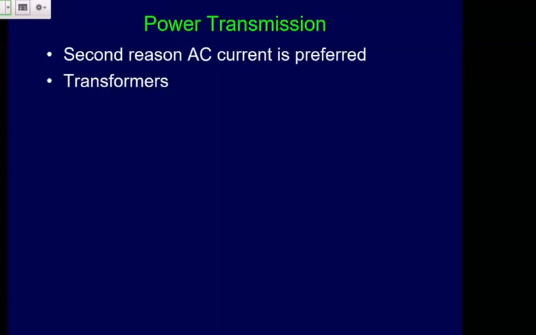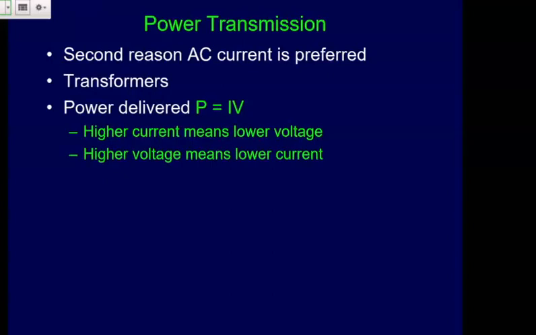The second reason AC current is preferred is this thing we're going to look at called transformers. Basically we're going to talk a lot about power. If you remember, power delivered by something is I times V, the voltage times the current. Power is energy per time, so when you're delivering the power, you can either have really high current with lower voltage, or higher voltage and lower current.